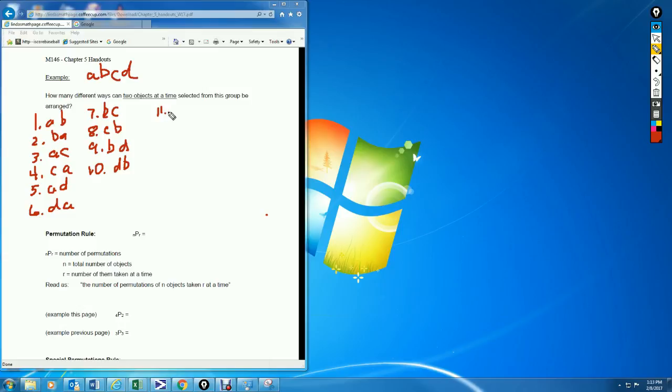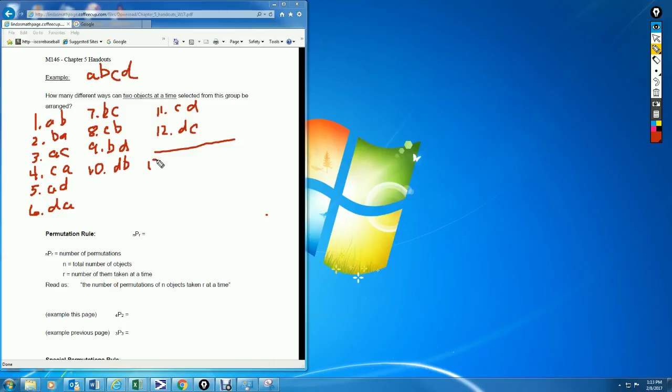So now let's move on to C and D. Switch the order, and I've got D and C. And again, there's nothing more that we can do. That is all the different ways I can take two of the letters at a time and arrange them in a particular order.